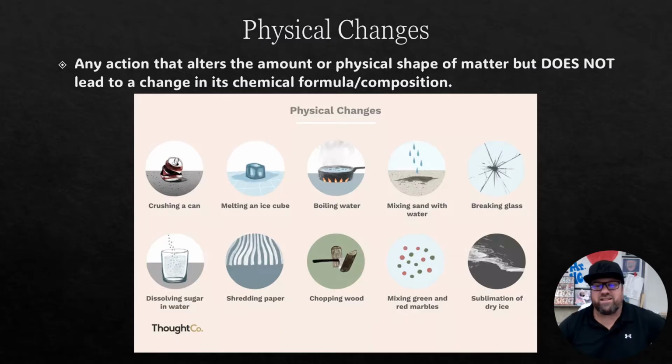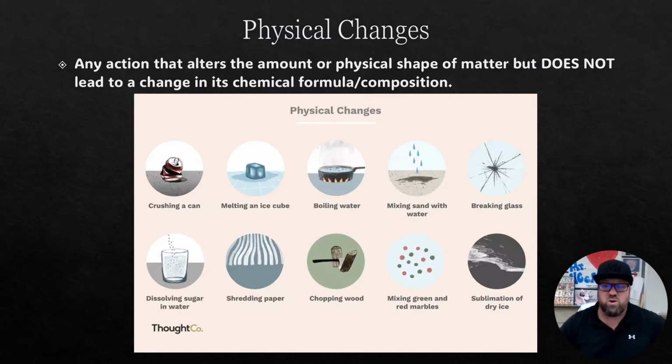All right, so I really like this slide. This is a good visual example of a variety of different things that could happen to matter that would be classified as physical changes. So you have things like crushing a soda can, so taking the aluminum and compressing it. It's still aluminum, it's not changing its formula. Melting an ice cube.